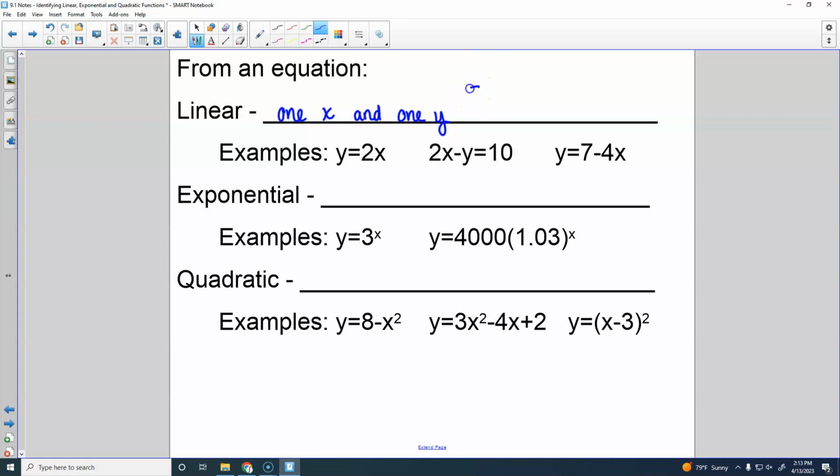Okay, so let's put over here except horizontal lines. Horizontal lines, what's their equations? Y equals a number. So it will not have an x, it only has y equal to a number. And then vertical is going to be x equals a number.